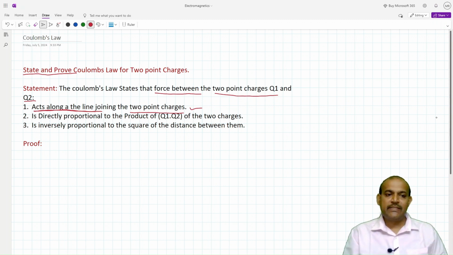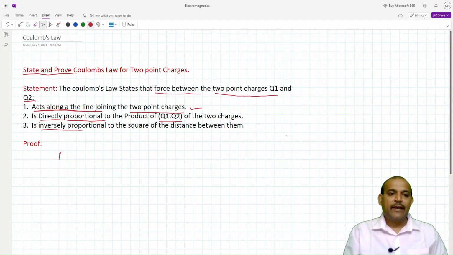Whereas the magnitude is given by: the force is directly proportional to the product of Q1 and Q2, and inversely proportional to the square of the distance between them. With this statement, let us build a mathematical equation. First let us talk about only the magnitude.